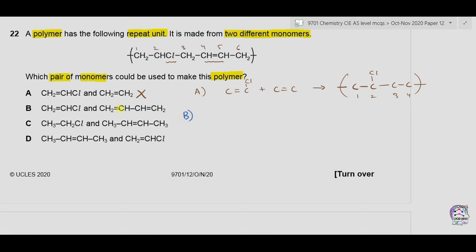Because of addition polymerization, as double bond is present, so we can write the first monomer. We have chlorine atom on 1 carbon atom and hydrogen with the rest. Similarly, we have double bond between first 2 and double bond between third and fourth carbon. Upon addition polymerization, the pi bonds converts into sigma bond.